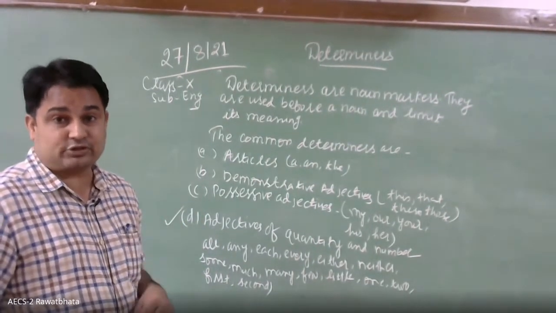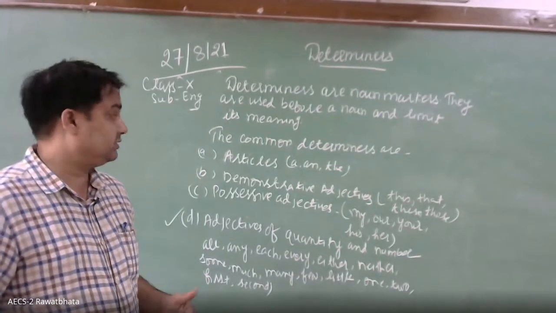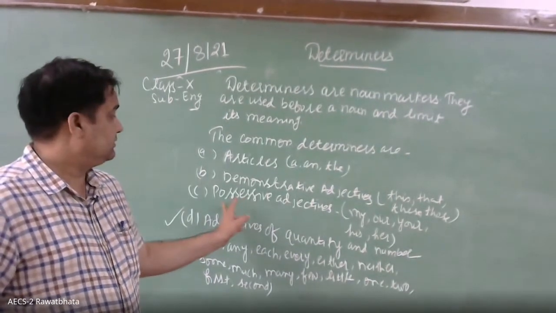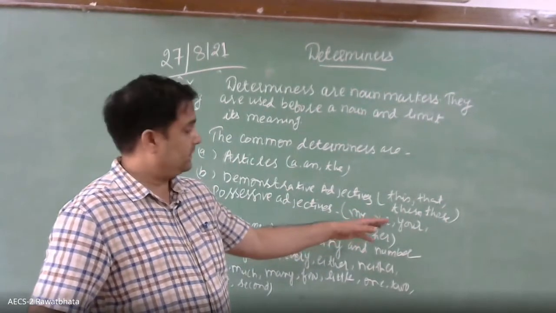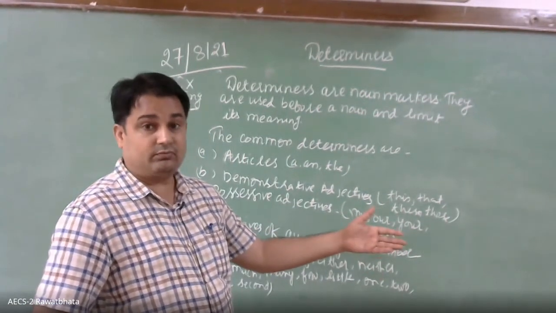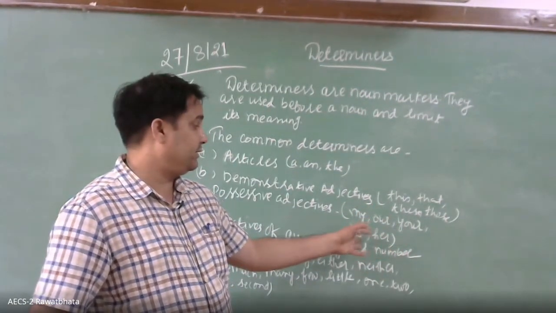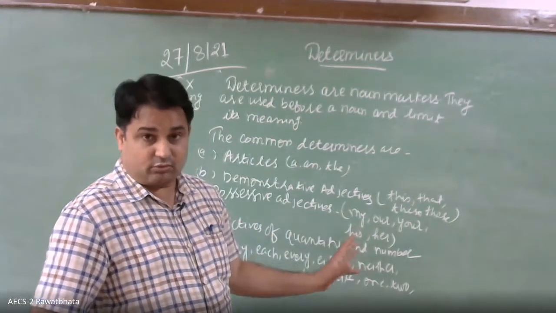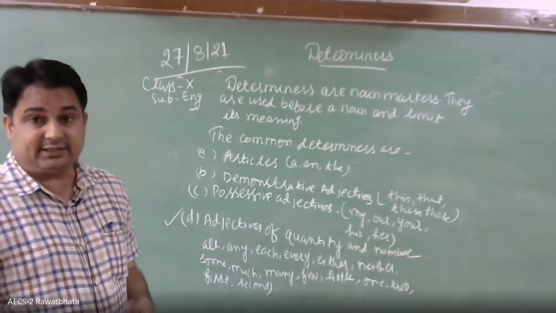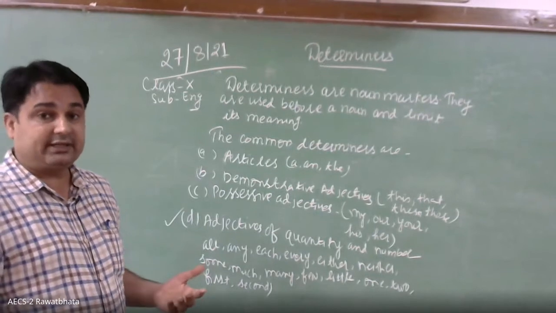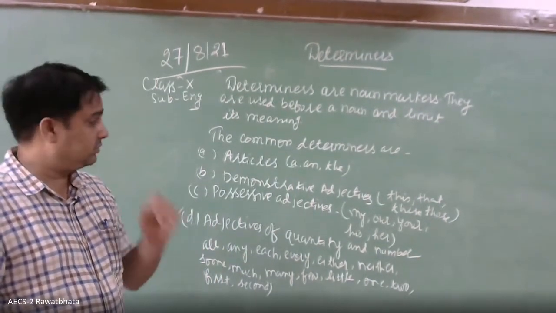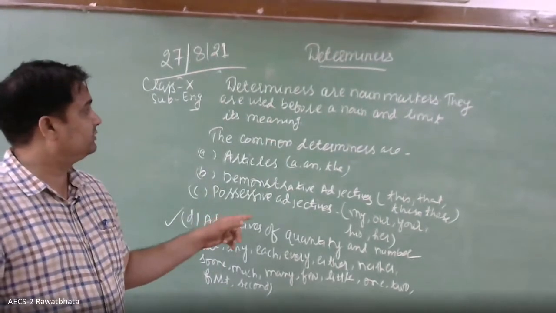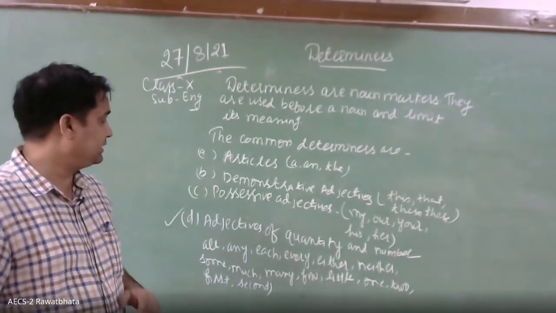So for demonstration we use them. Then possessive adjectives: my, our, your book, your pen, his book. They indicate possession, ownership of a person. So they also limit the meaning of a noun.